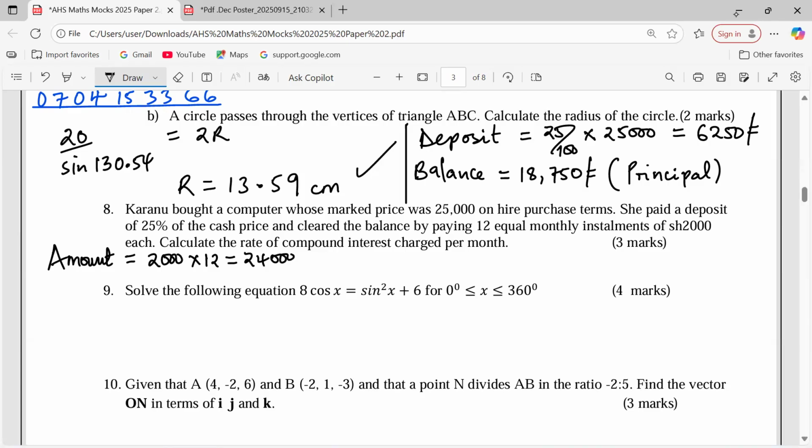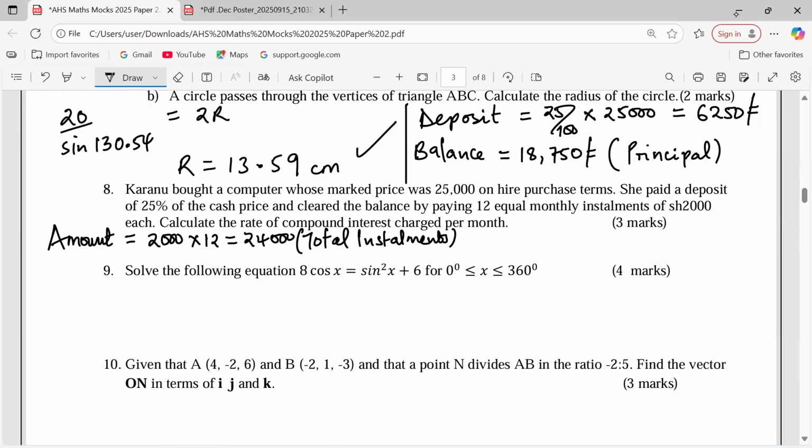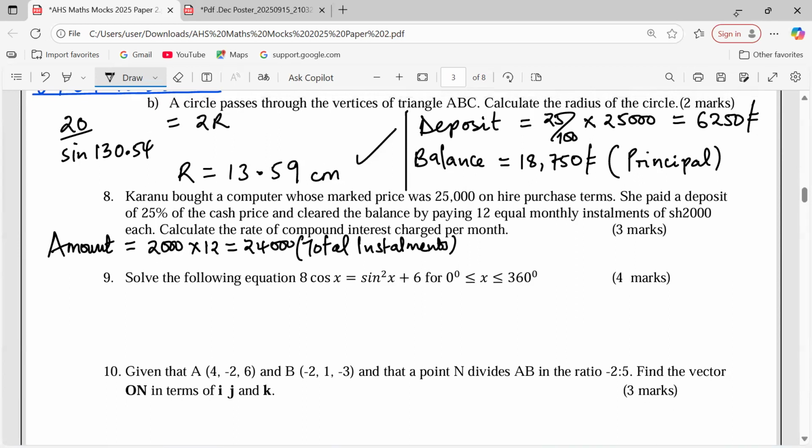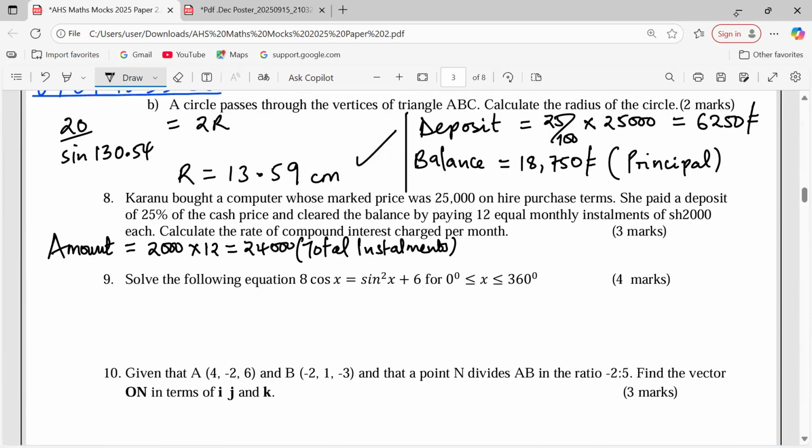So that is the amount we will pay. This amount can also be called our total installments. Total installments is our amount in this case. So Karanu is going to pay 24,000 after 12 months instead of the balance that was 18,750, meaning that this particular balance has earned some interest until it became the amount which has been stated here.